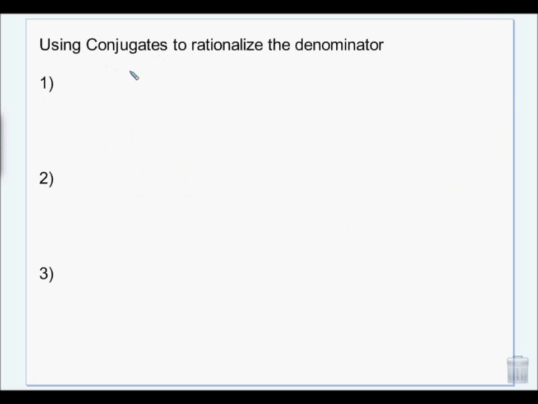Okay, now we have conjugates. Okay, a conjugate, if I have A plus B and A minus B, these are conjugates. If I have an expression like this, 5 plus the square root of 2, I want to multiply by the conjugate because I'm going to have to FOIL this.